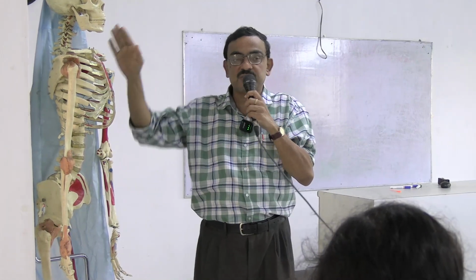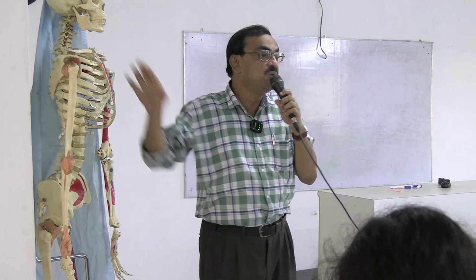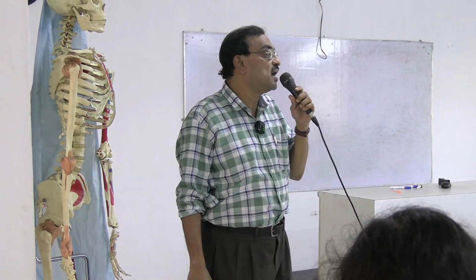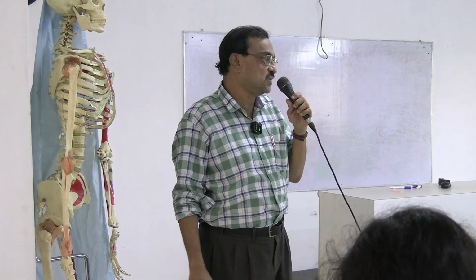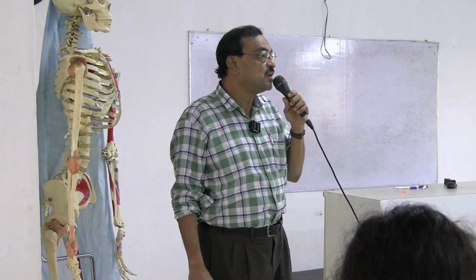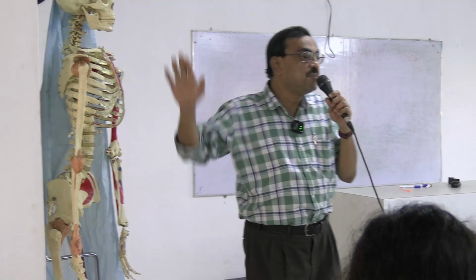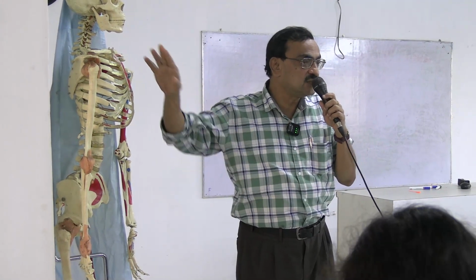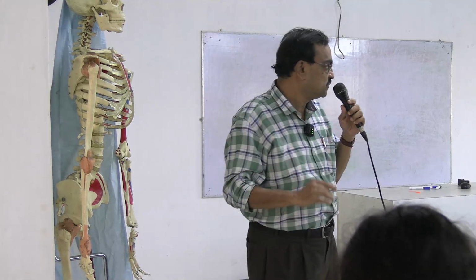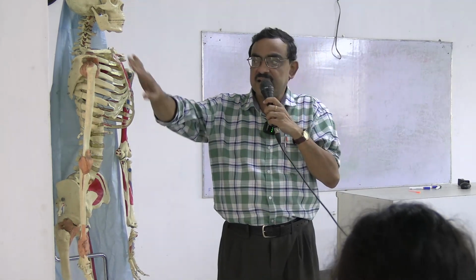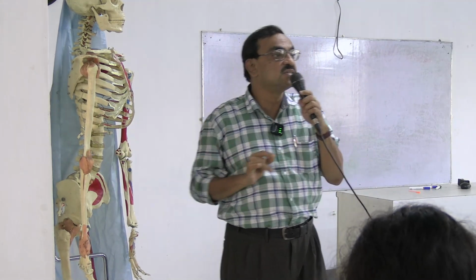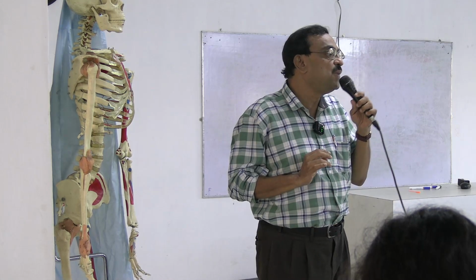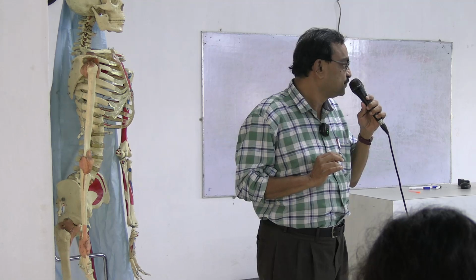When we remove the superficial fascia, we will get the muscle which is enclosed in a fascia called deep fascia. Fascia means a membrane-like structure which covers either the superficial structures, the deep structures, or the muscle. Here this deep fascia is also called pectoral fascia.